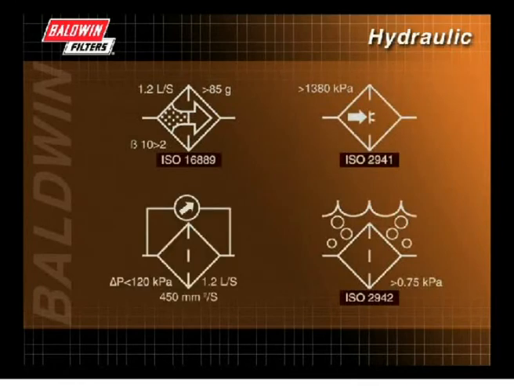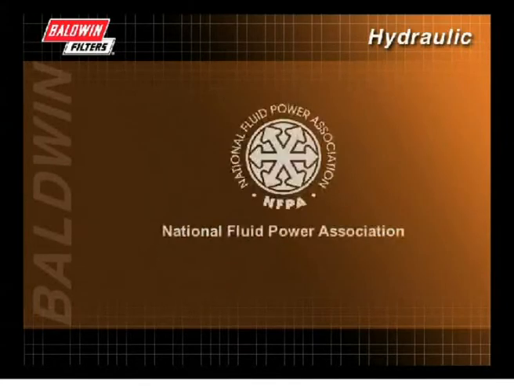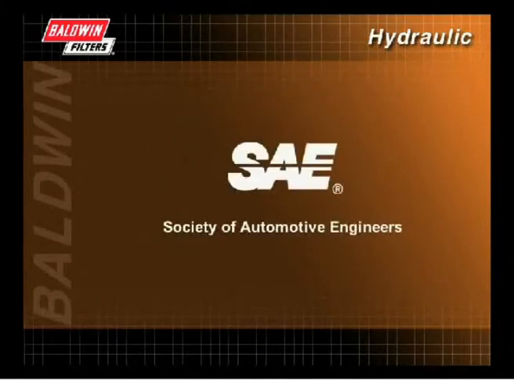These symbols will usually reference a test specification developed and/or approved by an industry-recognized association or professional society such as the ISO, International Standards Organization, the NFPA, National Fluid Power Association, or the SAE, Society of Automotive Engineers.